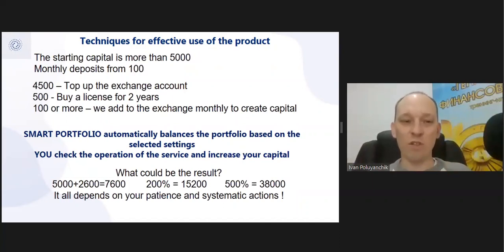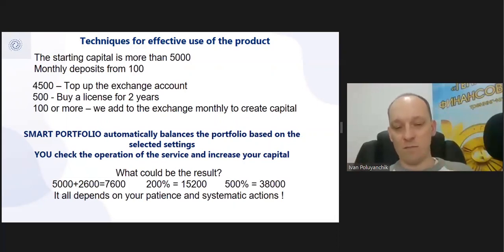You deposit 5,000, you invest 500 into a license for 2 years, and every month you add $100. Smart portfolio automatically balances your portfolio, and your task, once a quarter, once every 3 months, is to check if everything operates properly.